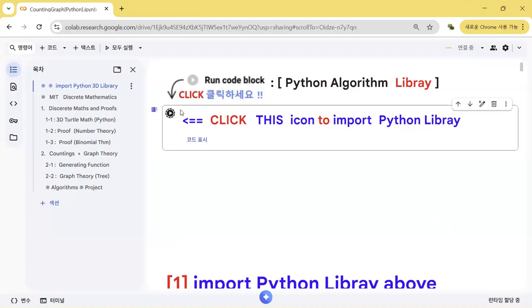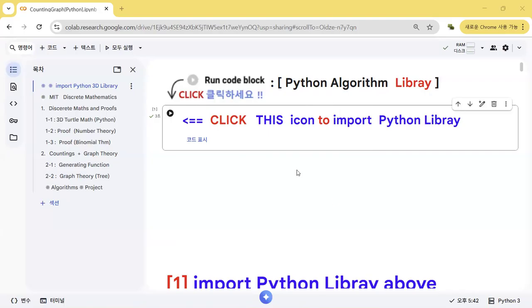This happened on my computer. Okay, this one is executing. That means now it is executed, so we are ready to use the Python library.